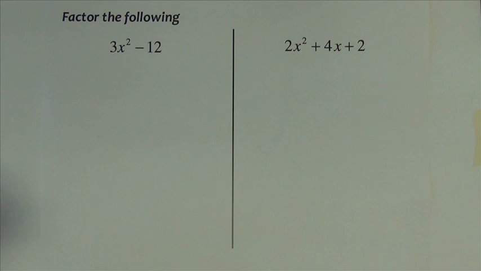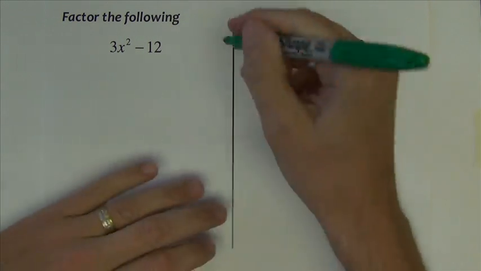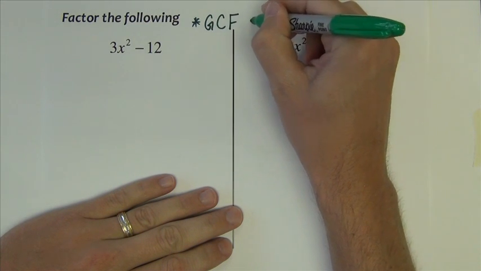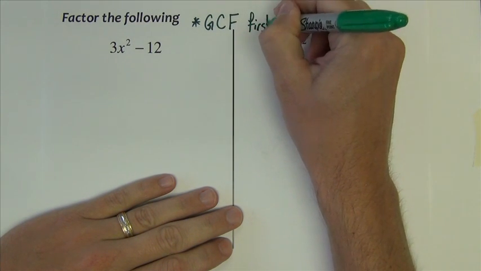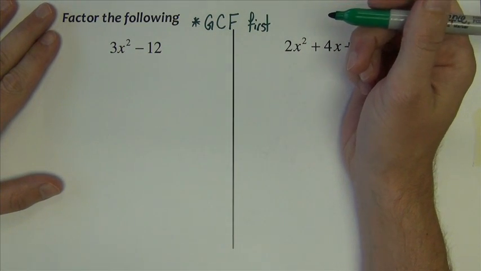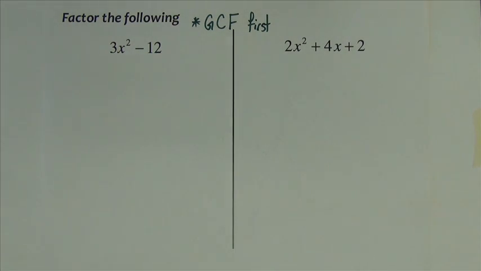Okay, finally I want to do some example problems where you have to look for a greatest common factor first. Is there a common factor amongst the terms of the problem? And so the first one, 3x squared minus 12, is there a number that divides 3 and 12?